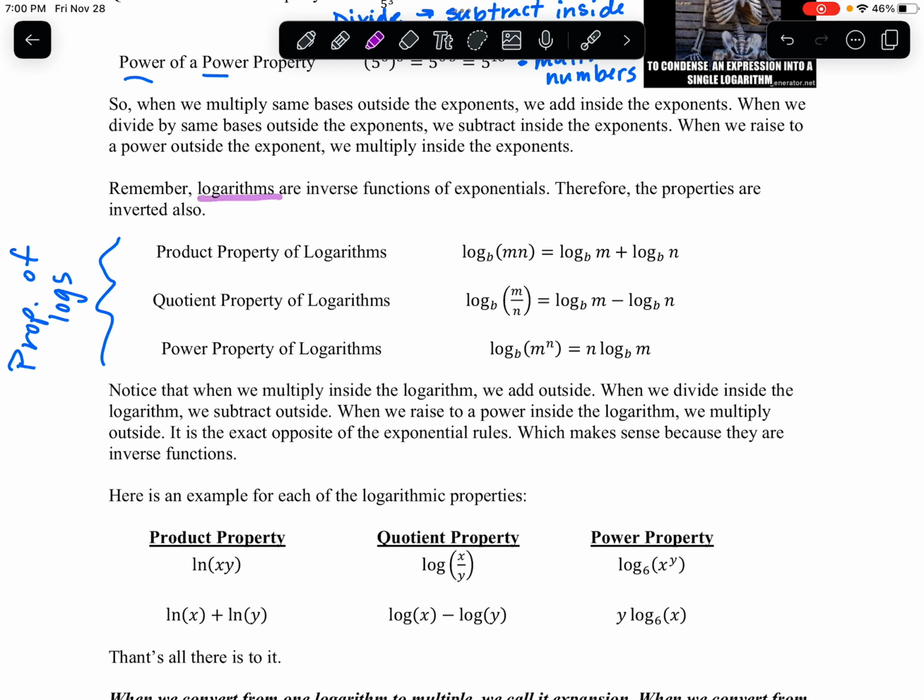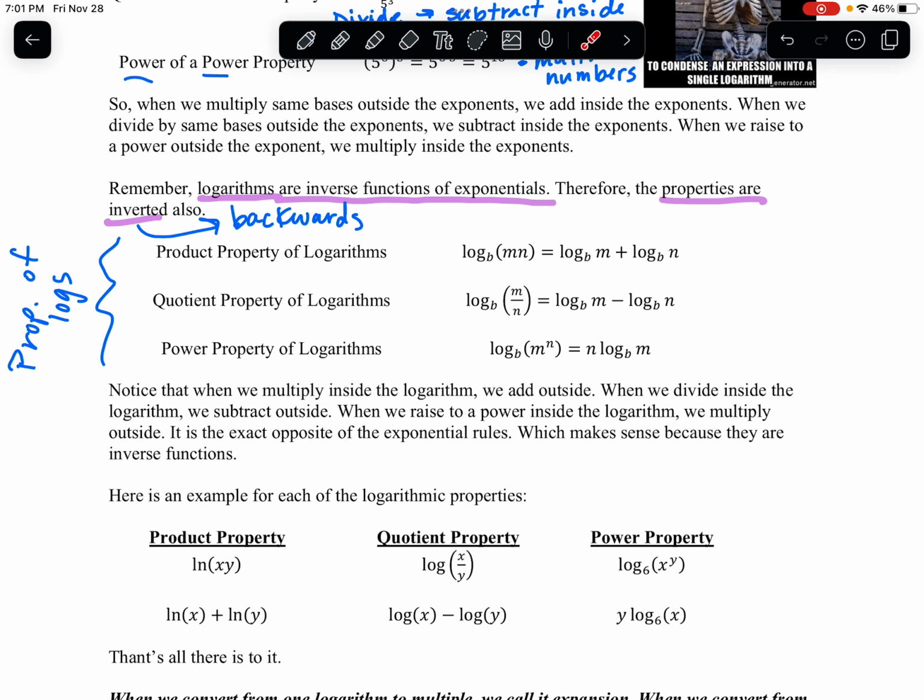So remember, logarithms are inverse functions of exponentials. So therefore the properties are also inverted, and we're going to make a little word backwards. So let's look at this first property.